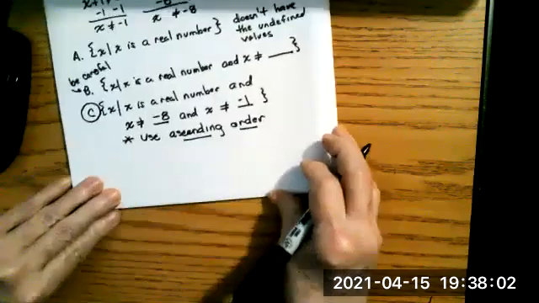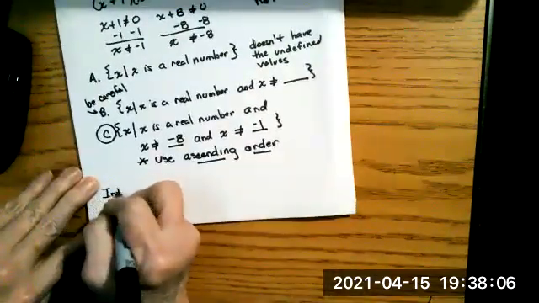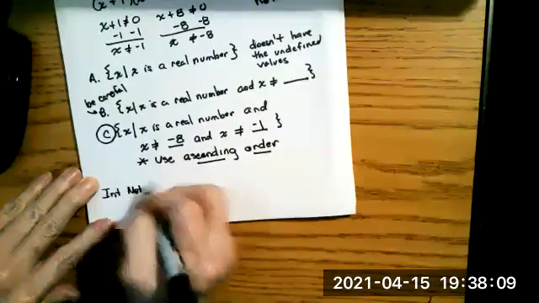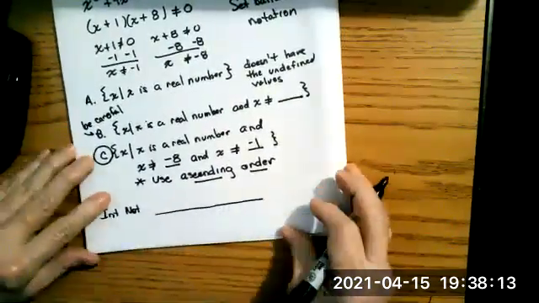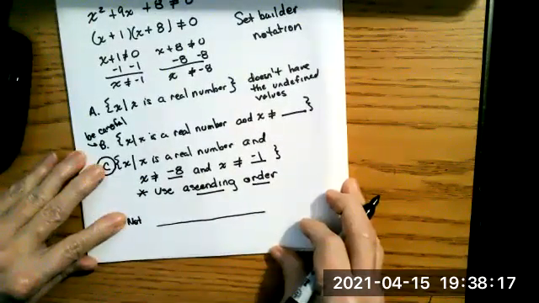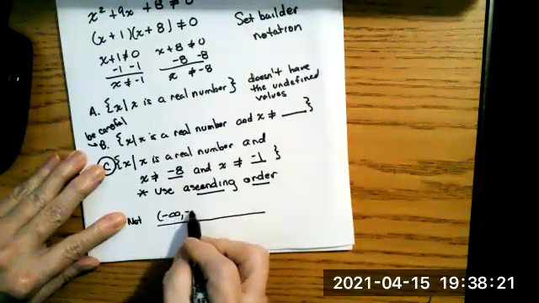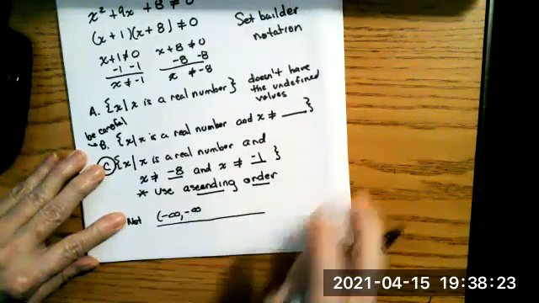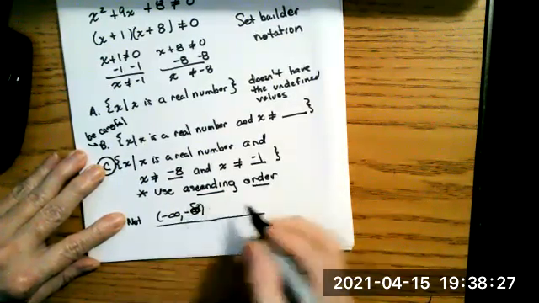Then the second part of this one is they want you to also go ahead and do interval notation. And they give you a big long line and you're supposed to put in interval notation. So -8 is first, so I would do -infinity up to -8, parentheses, oops, I did a sideways 8 there.